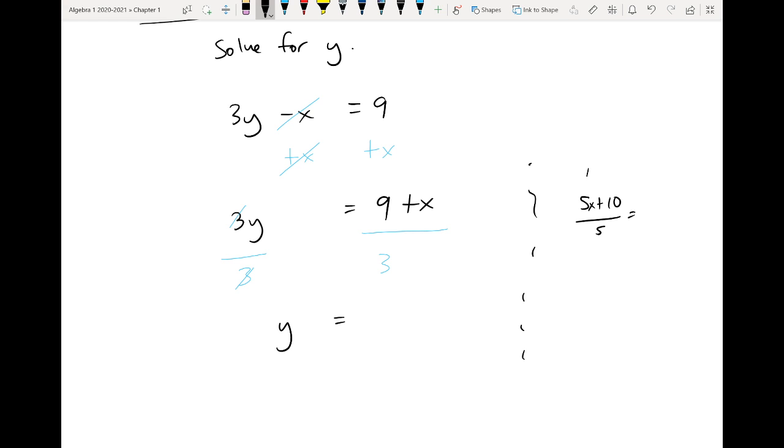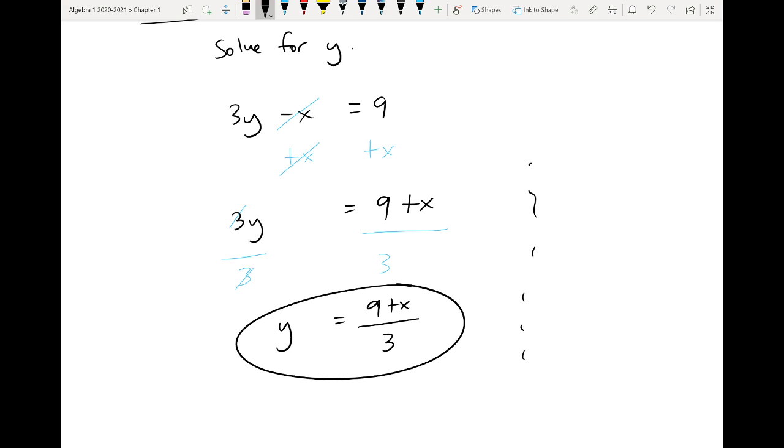I have to account for each individual term. I have 2 terms in the numerator. But if I had just x plus 10 over 5, again, I'm accounting for each of those, but 5 does not go evenly into that coefficient. So this guy's just going to stay the same. So back to our problem we're doing, this is really just going to be 9 plus x, or x plus 9. You can write it in either way, and that's going to be over 3.